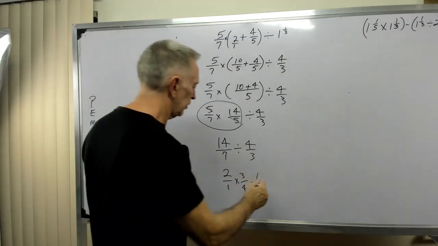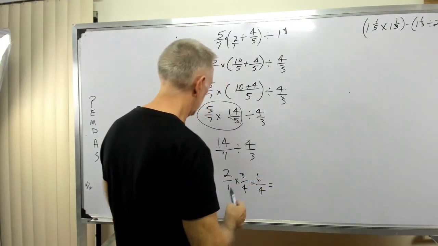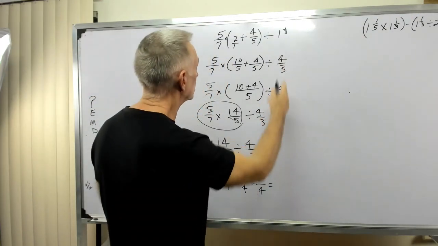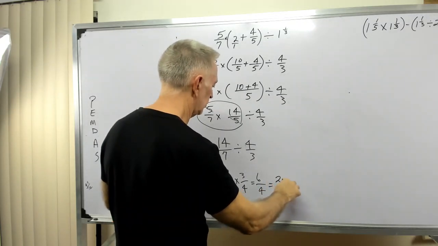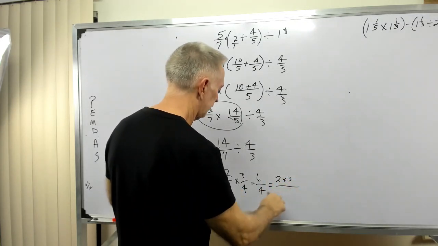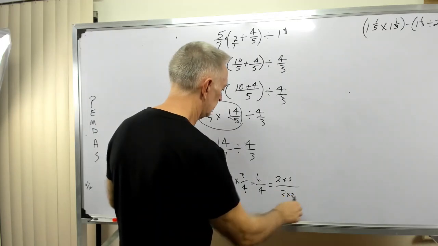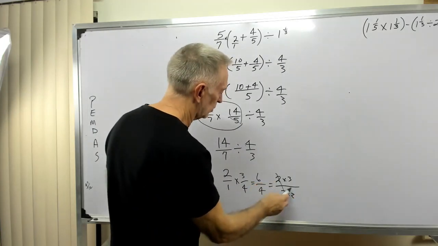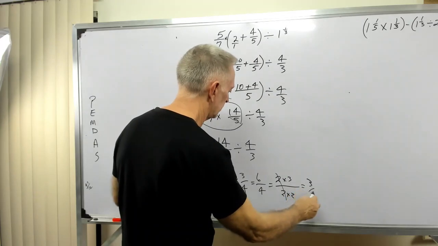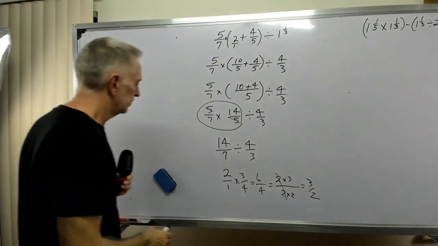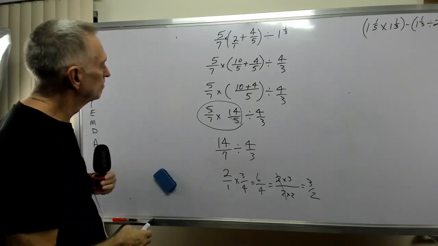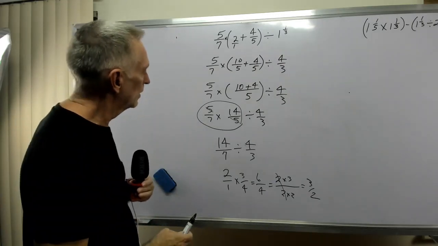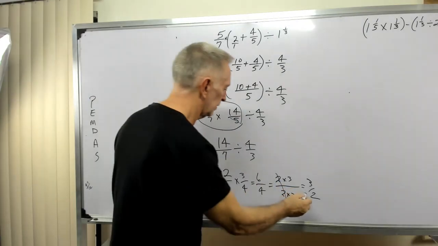Now you could reduce that and say that is 6 is 2 times 3. 4 is 2 times 2. 2 divided by 2 goes away, and this is 3/2. Okay, 3/2.